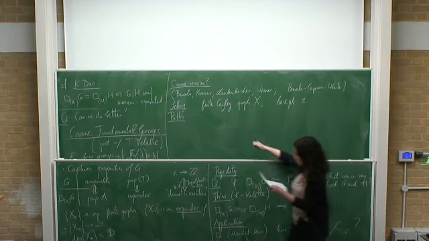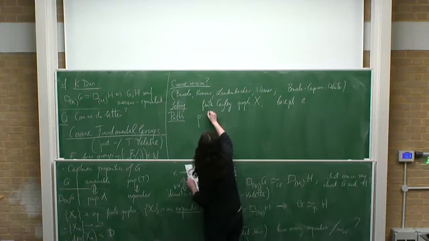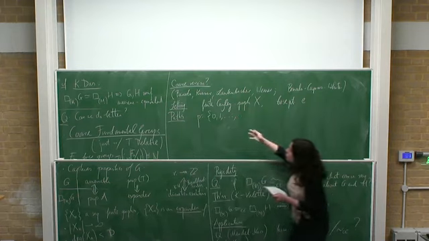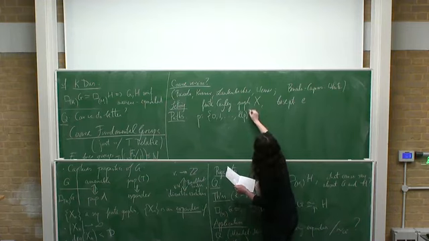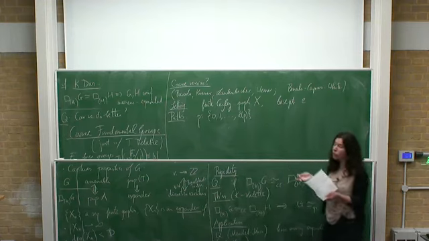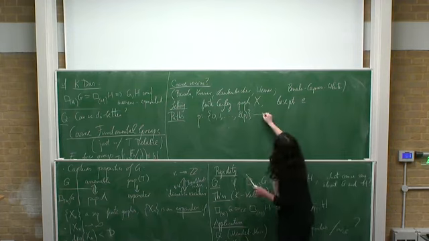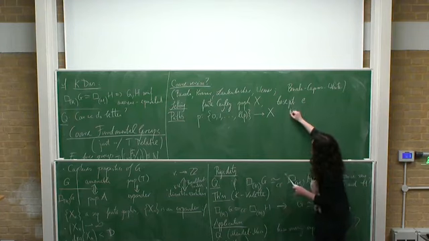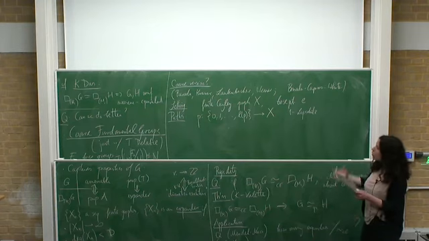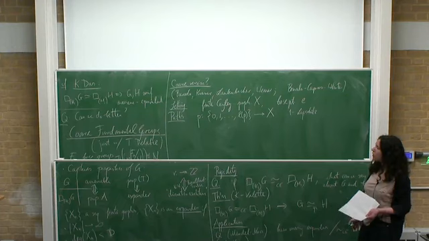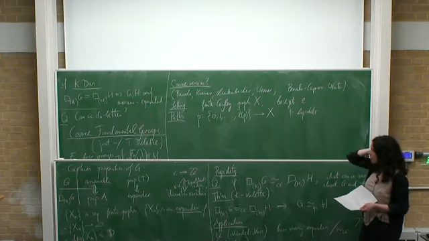So the paths are going to be maps from the discrete set from 0 to some integer Lp, which will be the length of the path, to our space X, which is 1-Lipschitz. Okay, so that's what we now call paths. We're not in a continuous setting. We just have these discrete ways to move around our graph.